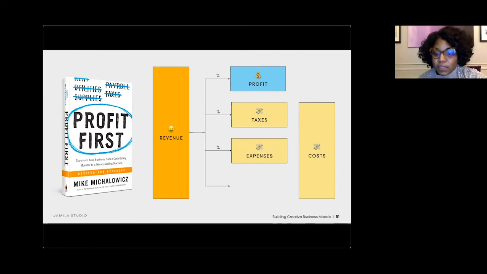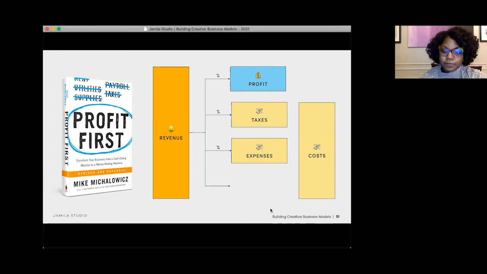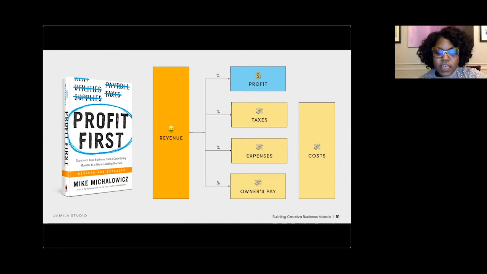And then expenses. So all of the resources that you need to pay for, whether it's your staff or your supplies, that is part of your costs. So that needs to come out of your revenue too. And an important thing that a lot of people don't consider is you need to pay yourself. Your profit is not what you pay yourself. What you pay yourself is an expense. So always make sure that you are putting money aside to pay yourself.